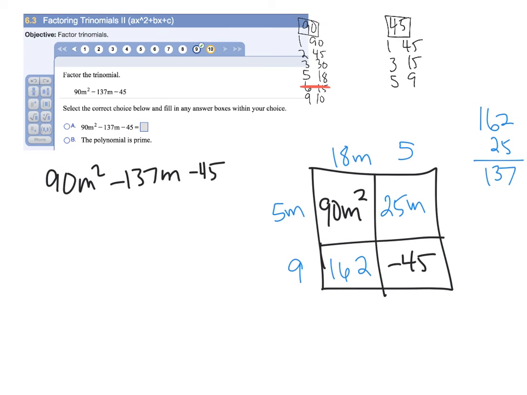So I need a negative 137, which means, oops, that was supposed to be 162m. So this needs to be a negative 162, and this has to be a positive 25, which makes that a positive 5 and this a negative 9, and there are our factors: 5m minus 9 times 18m plus 5.